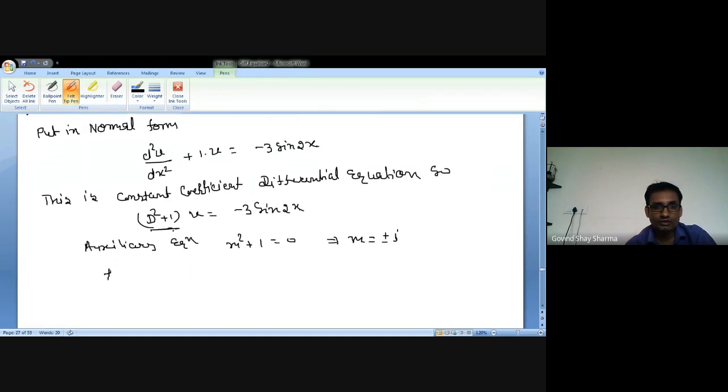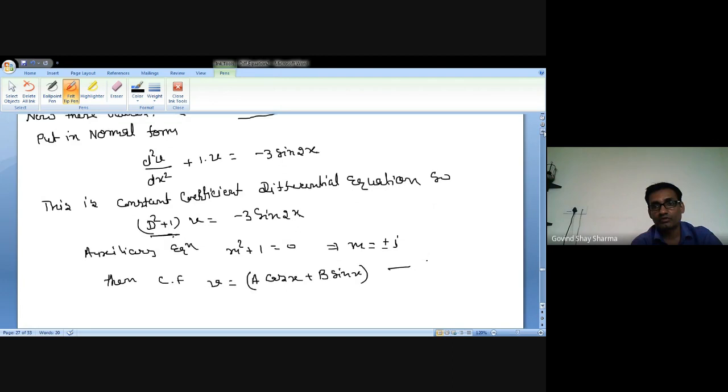Then the CF solution is v is equal to a cos x plus b sin x. Basically, when the roots are imaginary, the solution becomes e to the power alpha x times (a cos beta x plus b sin beta x), but alpha is equal to 0 here.